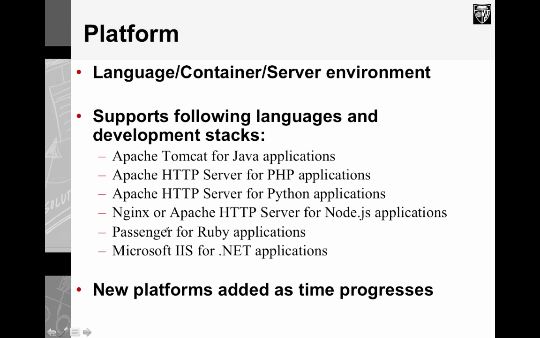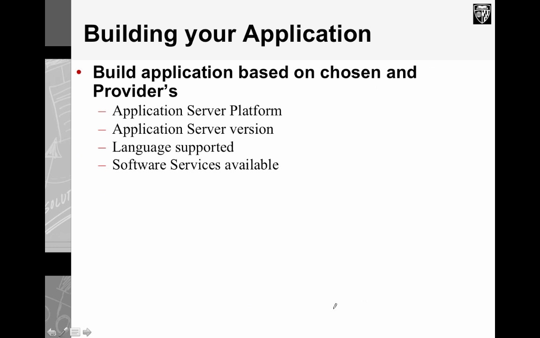Platform. We talked about this. Platform is really your language, container, server environment. There are several platform stacks that are supported by Elastic Beanstalk. And as I mentioned to you earlier, new platforms are added as time progresses. So what do you need to do to build your application? Basically, you build your application based on the chosen provider's application server platform.